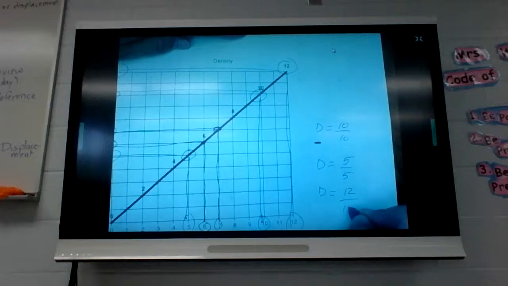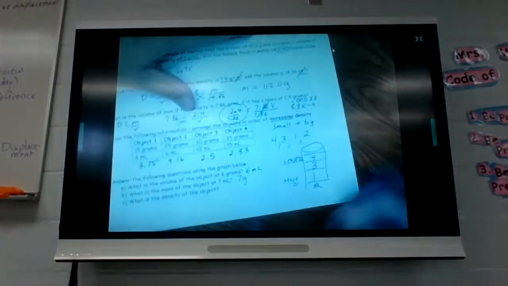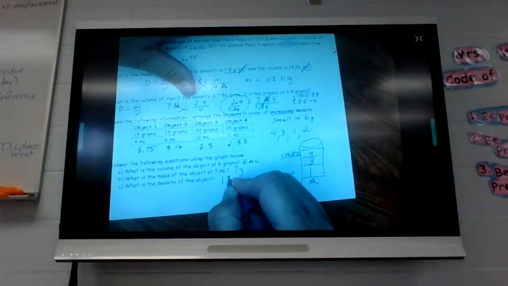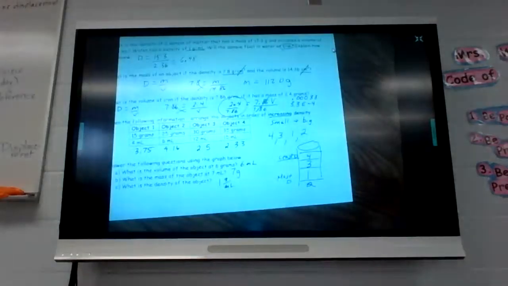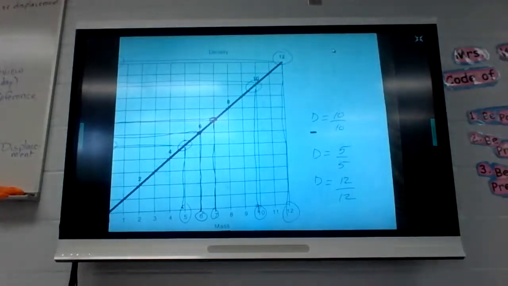Okay, what do you get on any of those? You get 1. The only time you cannot do it that way is if the graph is not what? What's this graph? It's straight. The only time you cannot do that is when the graph is not straight. And we're going to talk about that in the next unit.